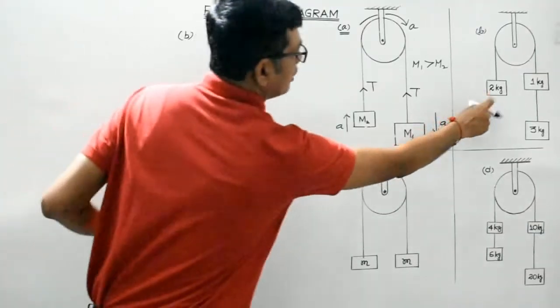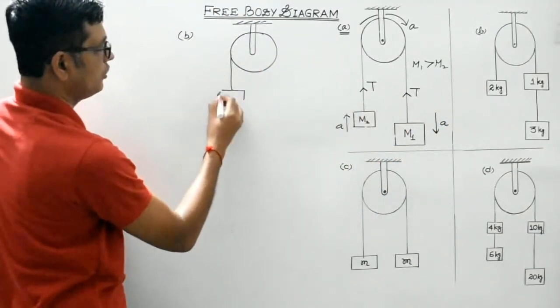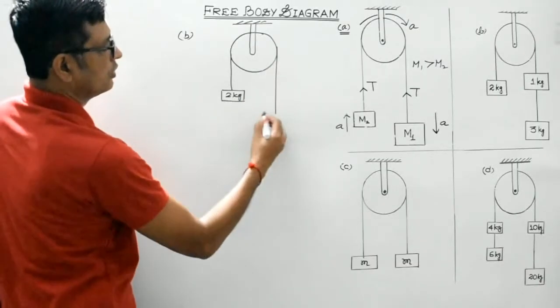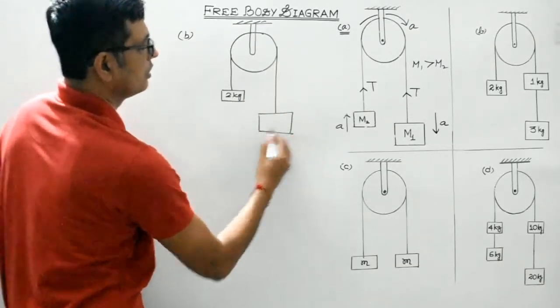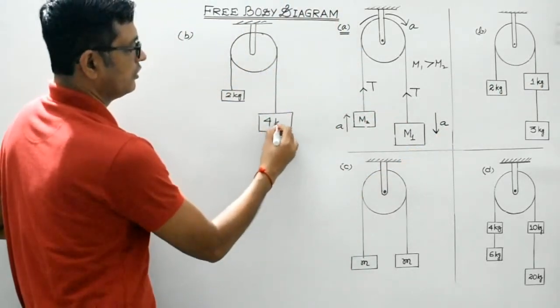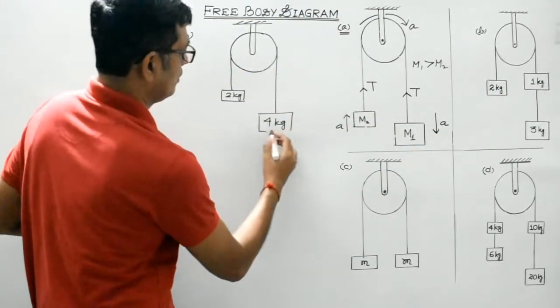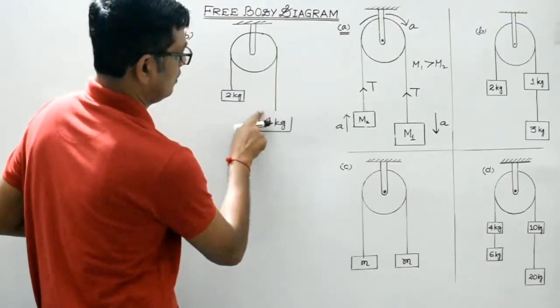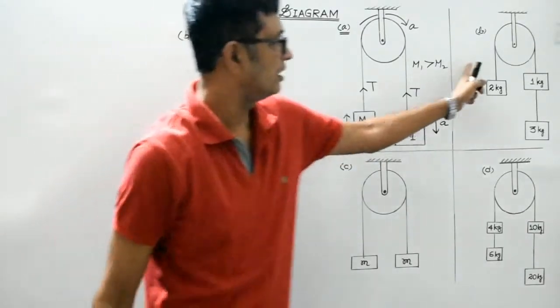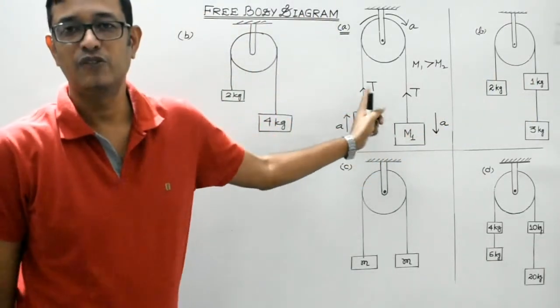Here it is 2 kg. And over here, students, 3 plus 1, we can write it as 4 kg. Right? So this gets reduced in this particular form.